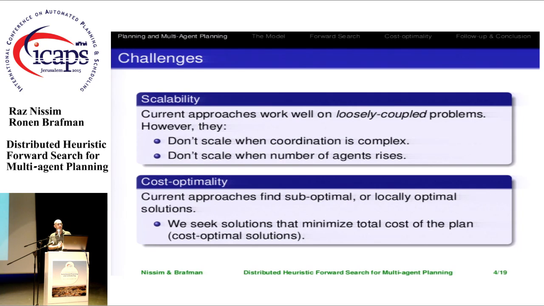And the other challenge is finding cost-optimal solutions to these problems. The approaches which existed before only found locally optimal or suboptimal solutions. So we seek to minimize the cost of the plan.